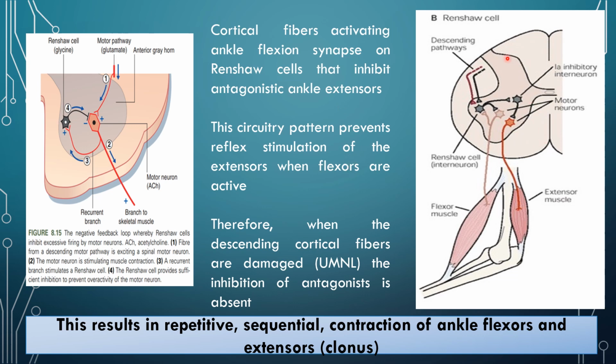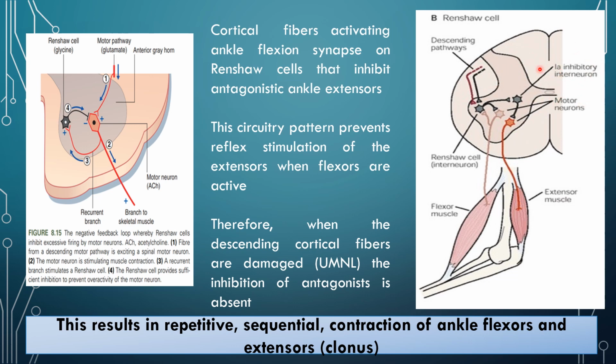What happens during ankle clonus? We can see that the cortical fibers activating the ankle flexion synapse on these Renshaw cells, as well as with the 1A type of inhibitory interneurons.